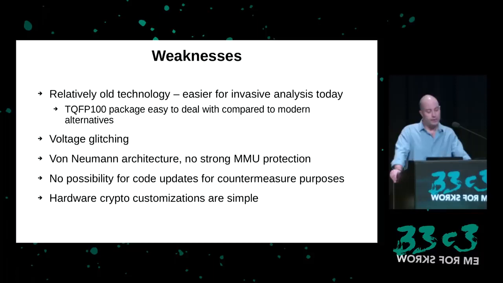They didn't leave any possibility for code update or dynamic code execution for countermeasure purposes. The software for the ACP is contained entirely in ROM, with no mechanism for software updates in the field. The hardware customizations to the crypto are quite simple and required no reverse engineering of the chip logic. I was basically able to guess the hardware customizations.